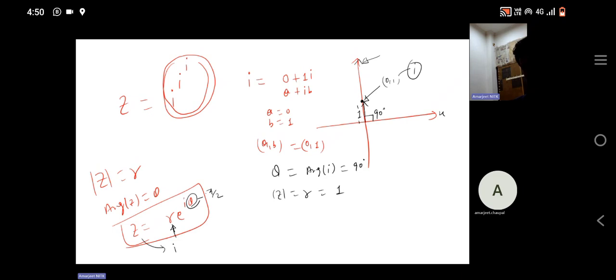So z, that means iota, can be written as 1 into e to the power i pi by 2. So you can say iota is equal to this. This is Euler form of iota. So what you do, you just start from here. z is equal to iota to the power iota to the power iota.